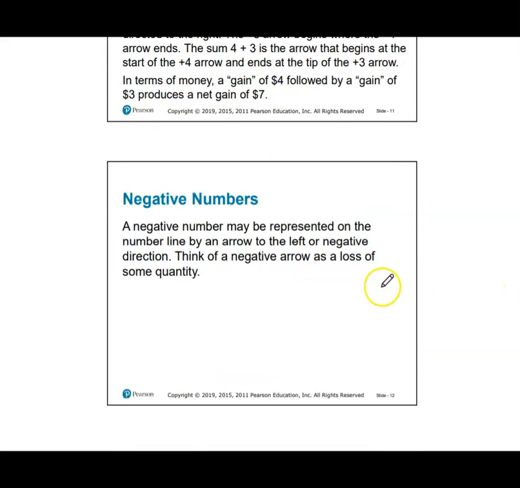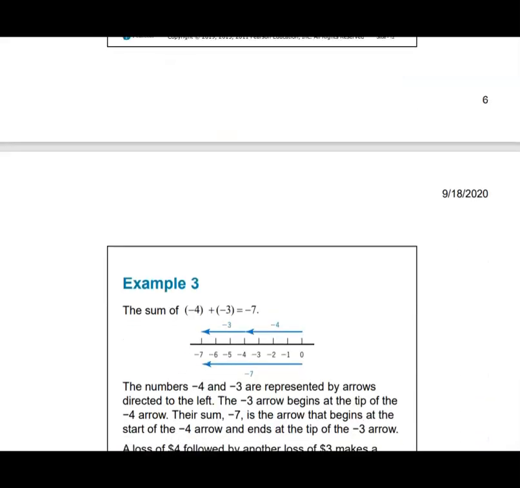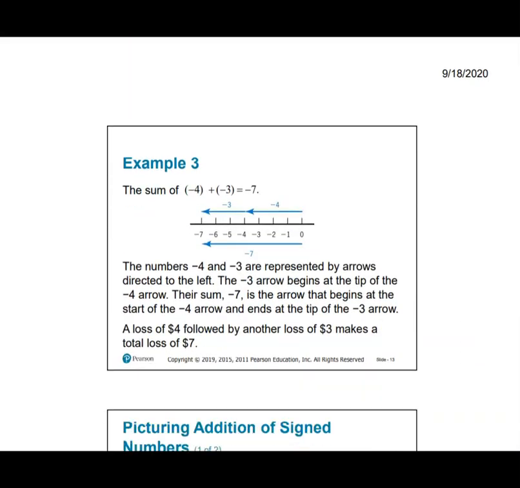A negative number may be represented on the number line by an arrow to the left or negative direction. Think of a negative arrow as a loss of some quantity. So for example, -4 plus -3 is equal to -7.